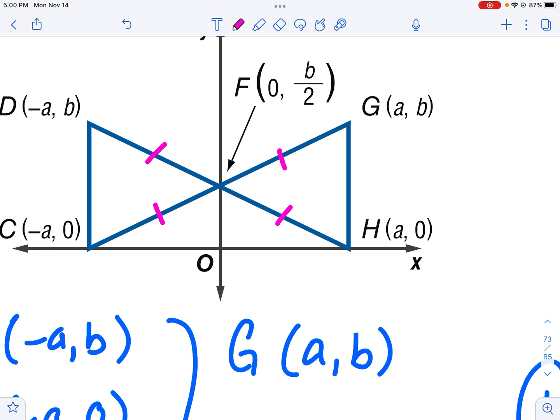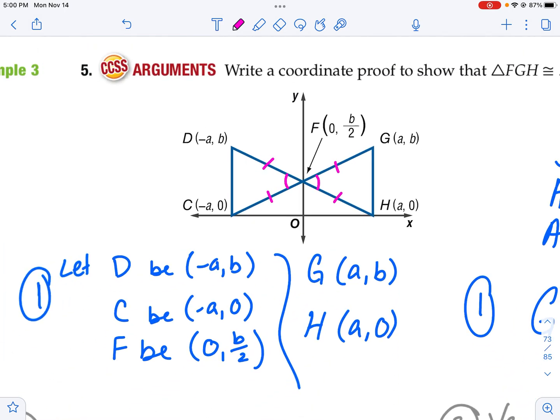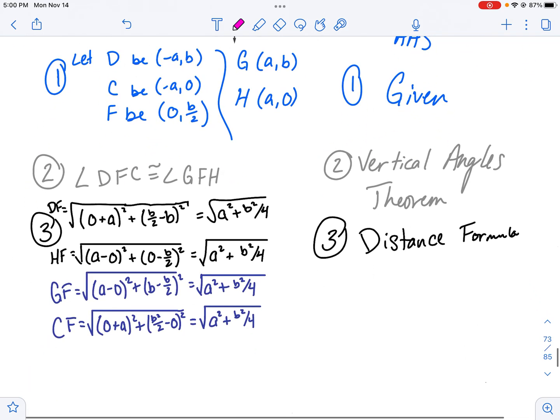And I've already proven that those angles are congruent, so I have side-angle-side congruence, and I have isosceles triangles, so that's pretty cool.